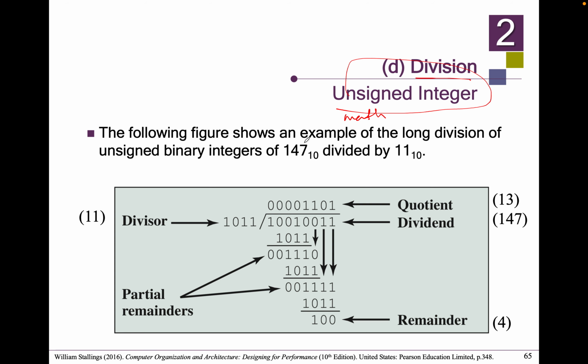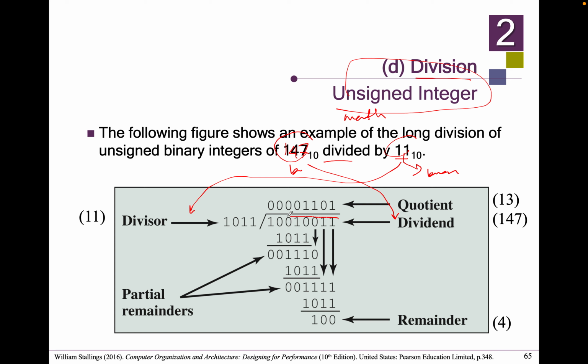If you have 147 divided by 11, this is a decimal number, so you need to convert it into binary first. Into binary, you're going to get the dividend and also the divisor.